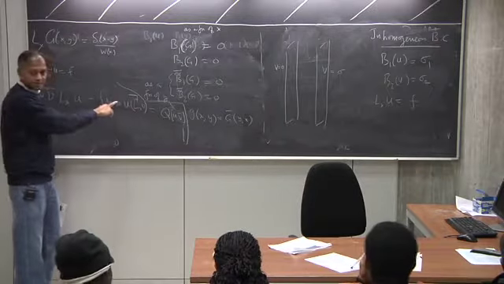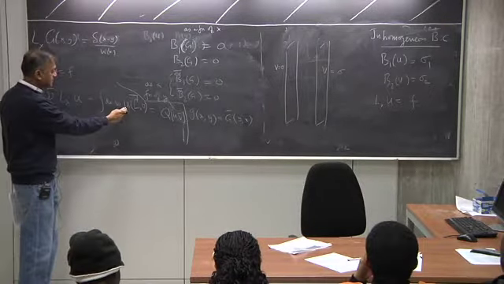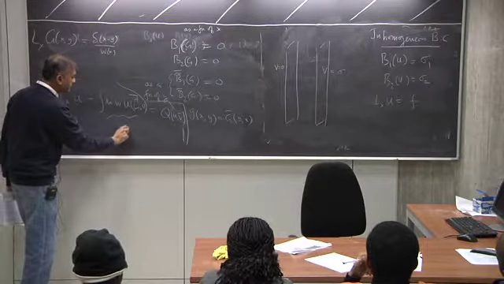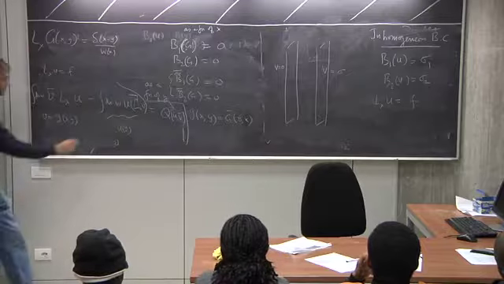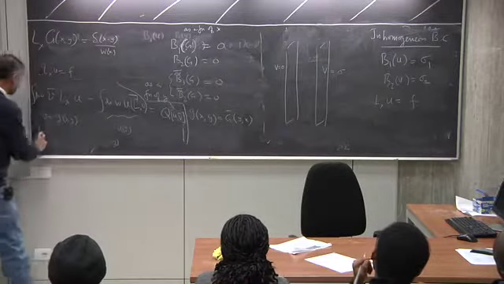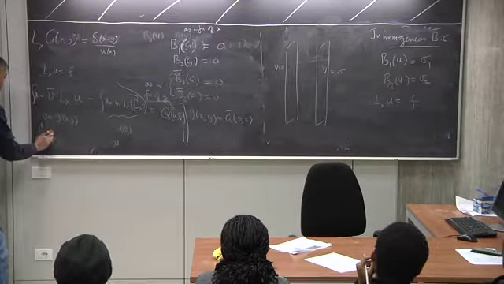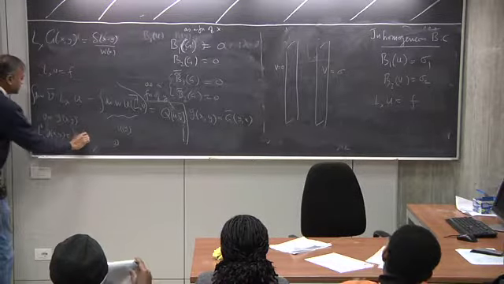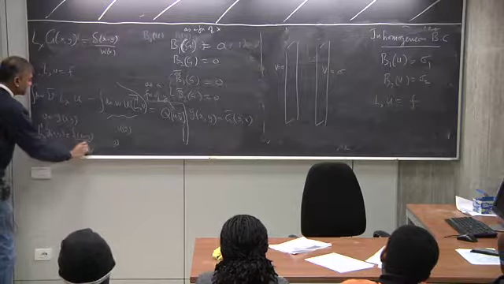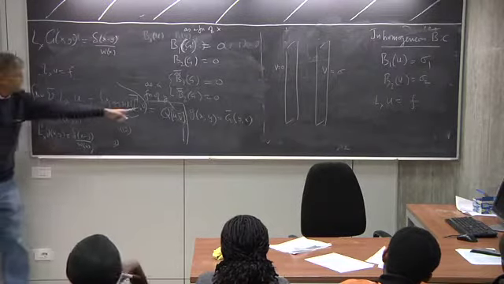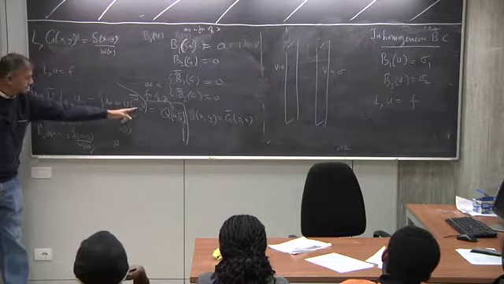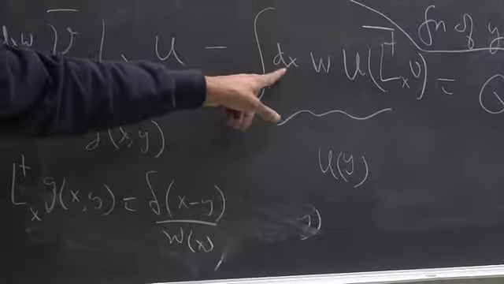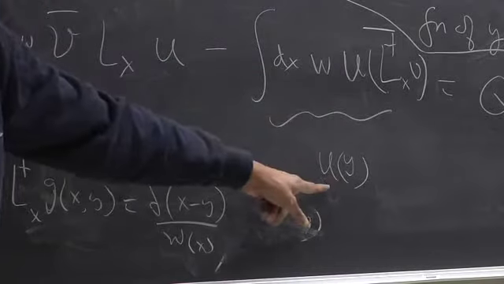So w cancels, and integrating the delta function, this one simply becomes u at y, right? Because this L dagger x acting on little g x y is delta x minus y divided by Wx. So take v to be this and substitute that, you get delta x minus y, w cancels and you integrate. So that just gives you u at y.